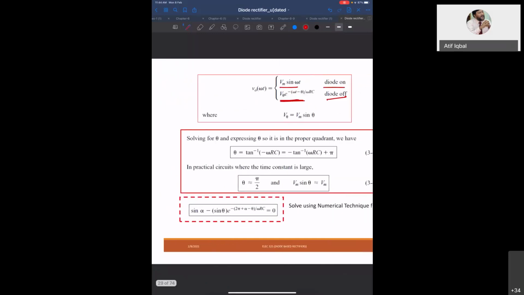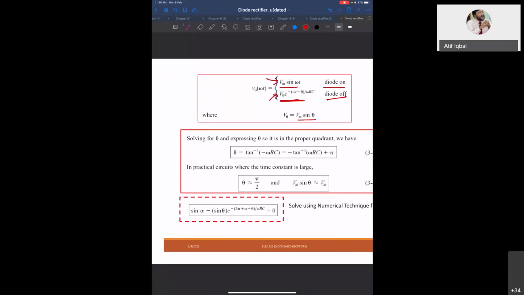So it is V theta e to the power of minus (omega t minus theta) over omega RC, where V theta is Vm sin theta. Okay, you understand these two? This is when the diode is on, this is when the diode is off.